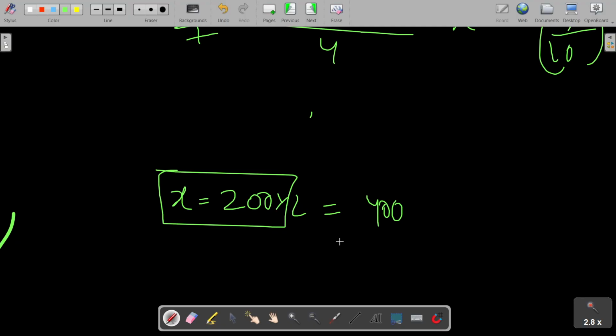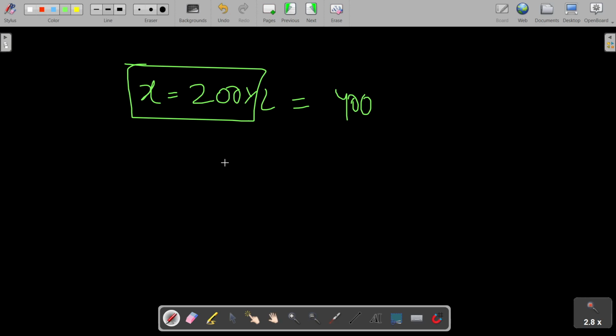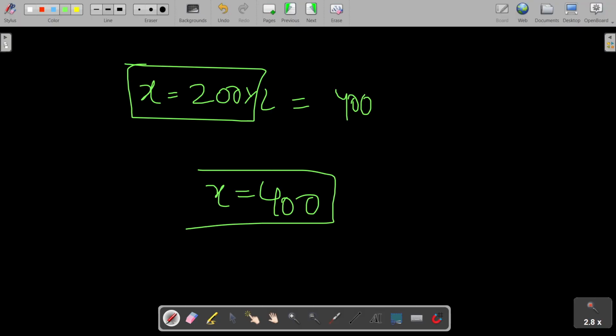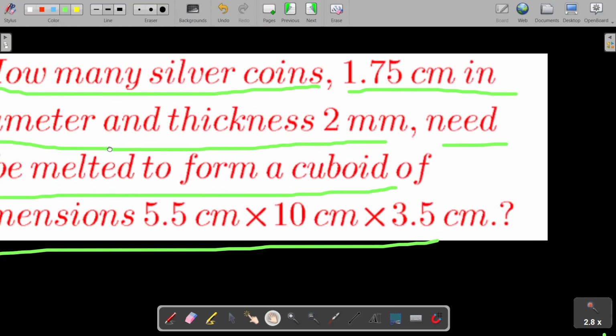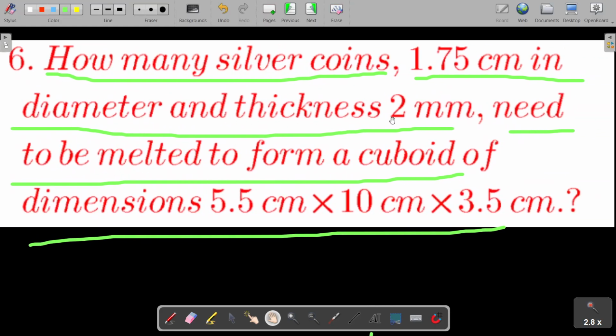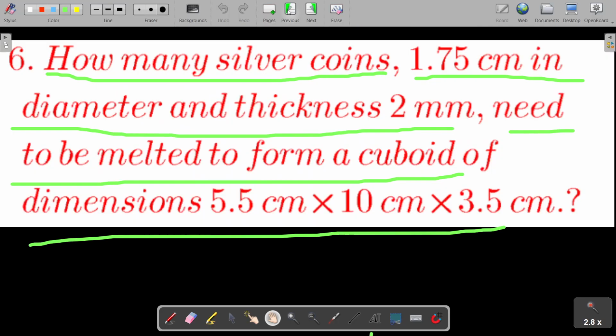Okay, I calculated in rough. So x is the number of coins. So we need 400 coins to convert into a cuboid. So let's go to the next problem.